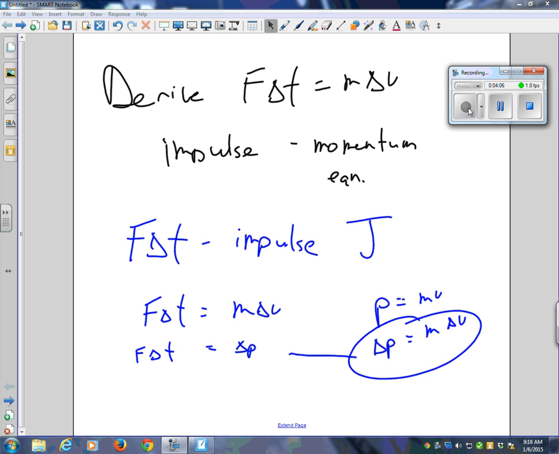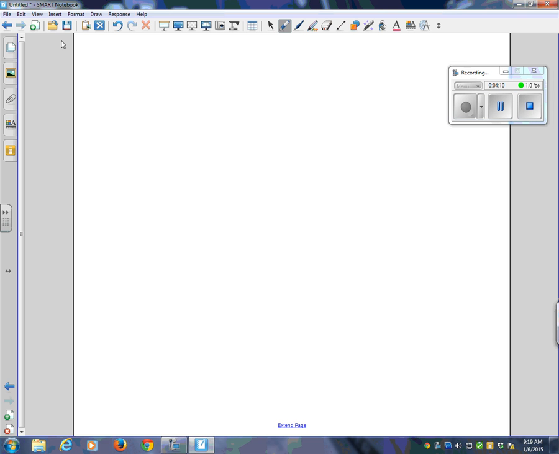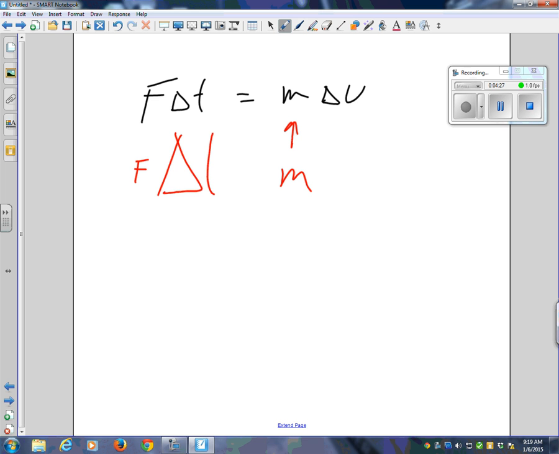Well, when you follow through, let's go back to this equation here. If I'm hitting a baseball, does the mass of the baseball change? No. If I follow through, what I do is I increase the length of time that the bat is in contact with the ball.